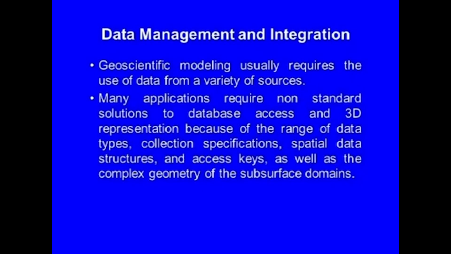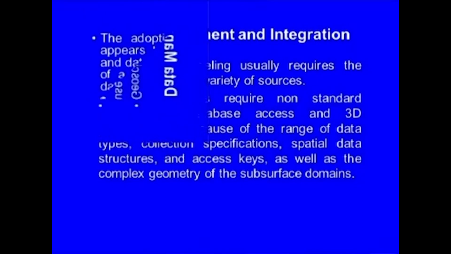Geoscientific modeling usually requires the use of data from a variety of sources. Many applications require non-standard solutions to database access and 3D representation because of the range of data types, collection specifications, spatial data structures and access keys, as well as the complex geometry of the subsurface domains.